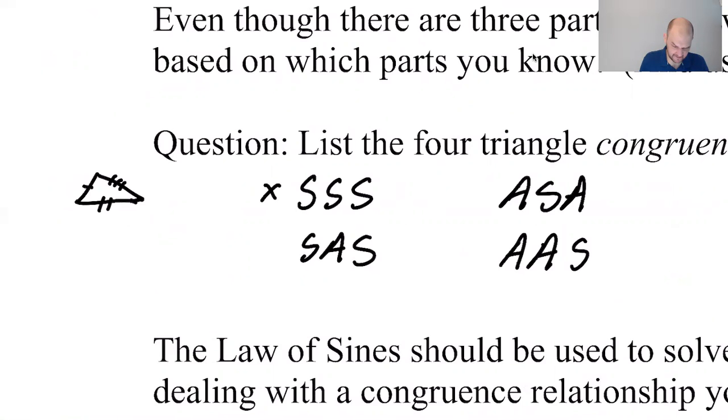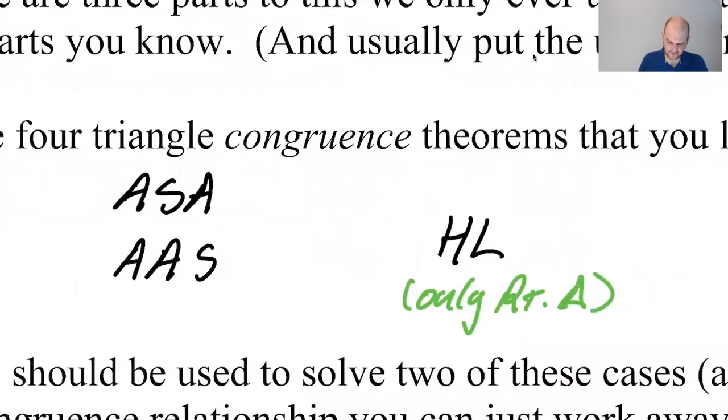Side angle side. Side angle side means you know two sides and the angle that's in between them. But what we don't have is this angle and the side opposite, or this angle and the side opposite, or this angle and the side opposite. We don't have enough. So this is out. That is not one where we can use it. Angle side angle.